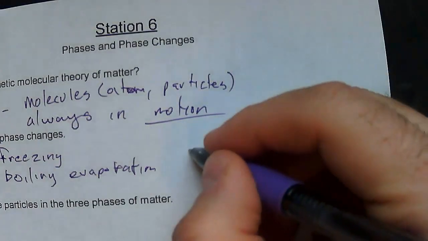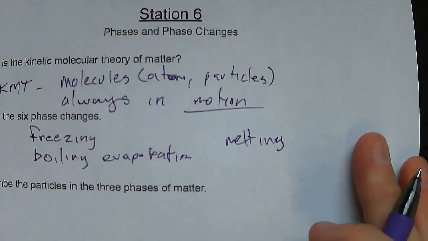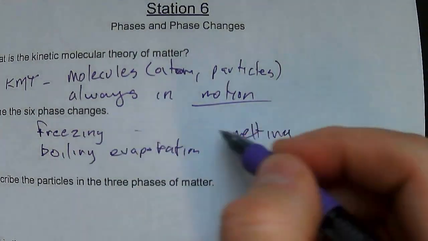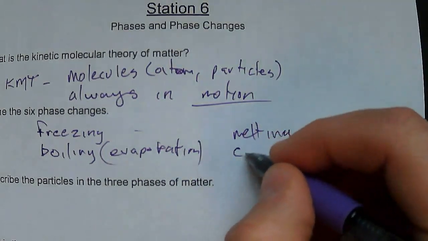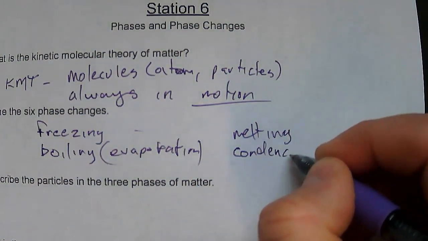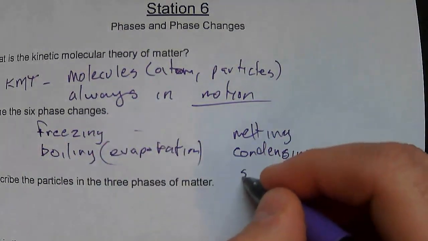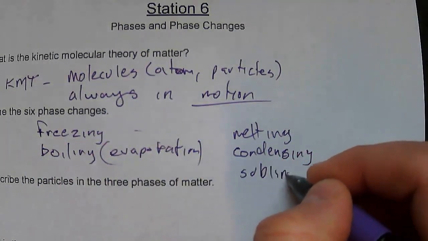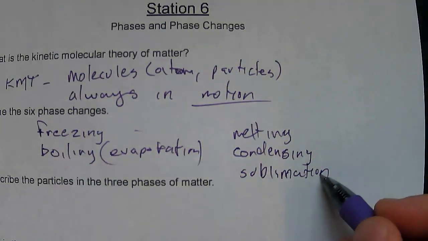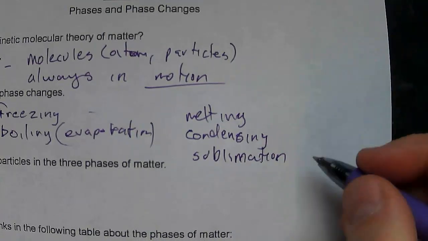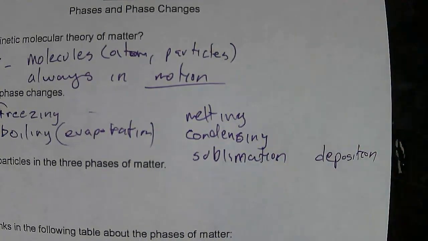Okay, and then there's melting, which is kind of freezing and melting go together. Boiling, evaporation goes with condensing. And kind of the one that we don't ever think about is sublimation or subliming, where things go from a solid directly to a gas, and the opposite of that is deposition. Okay, depositing.